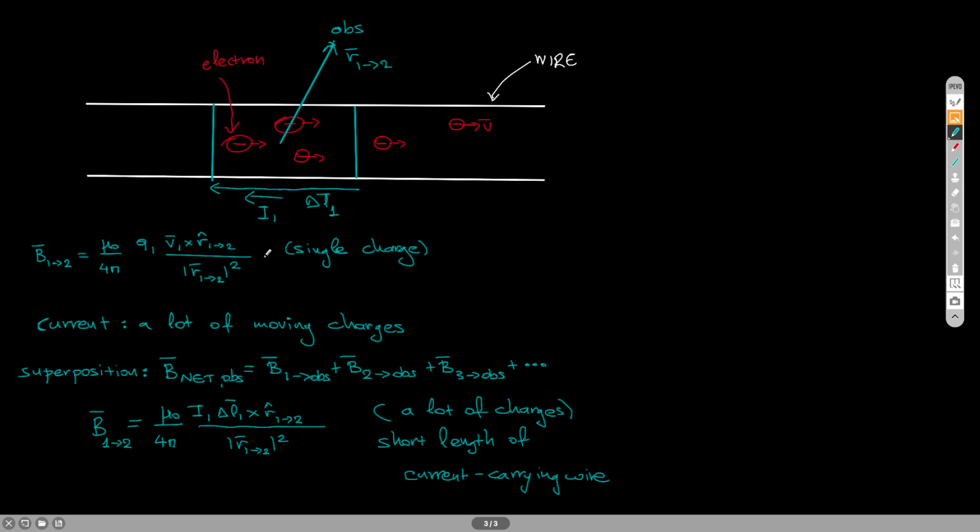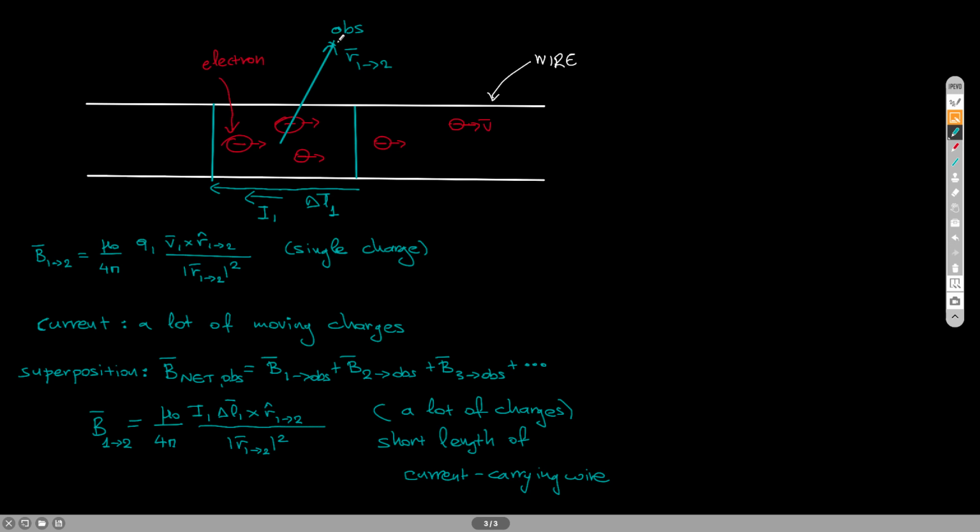Okay? So this expression applies when you have a lot of charges moving in a wire, and if you know what the current is, and you know what is that small length of your small piece of wire, you can use this expression to find the magnetic field at the observation location.